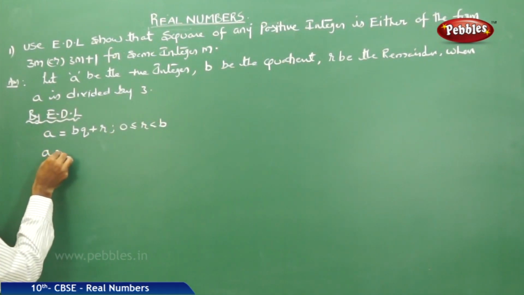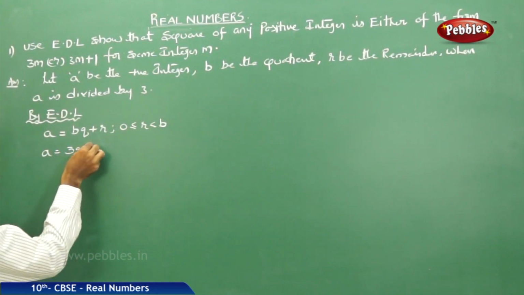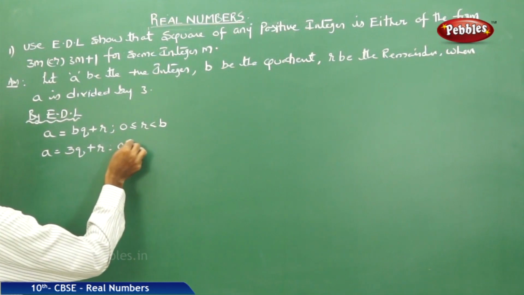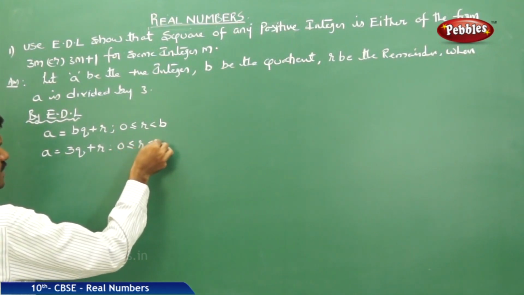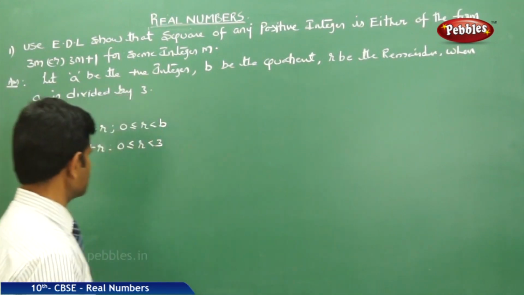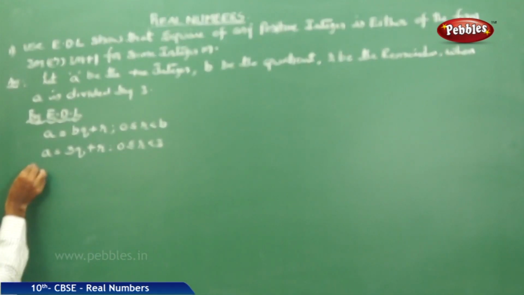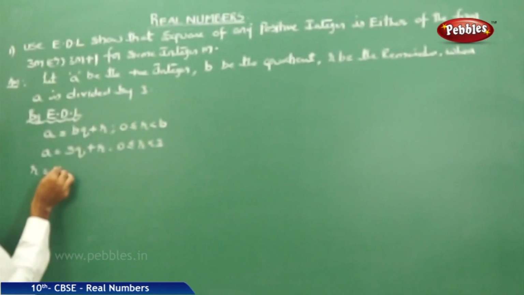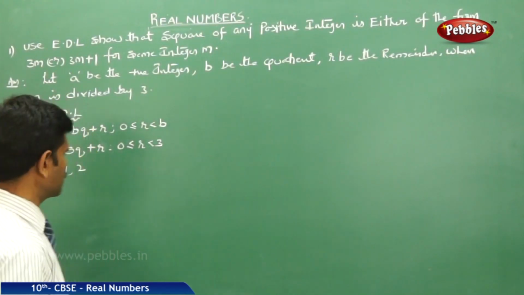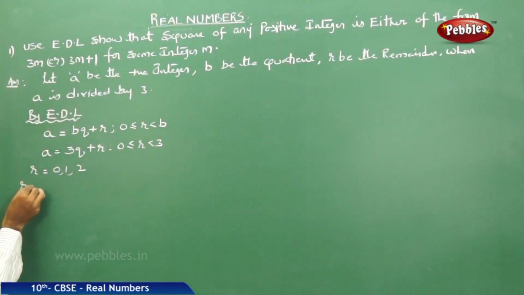Then A is equal to, your B value is 3, so 3Q plus R, that is 0 less than or equal to R less than 3, because your B value is 3. That is, R takes the value 0, 1, or 2. If R is equal to 0, what will happen?